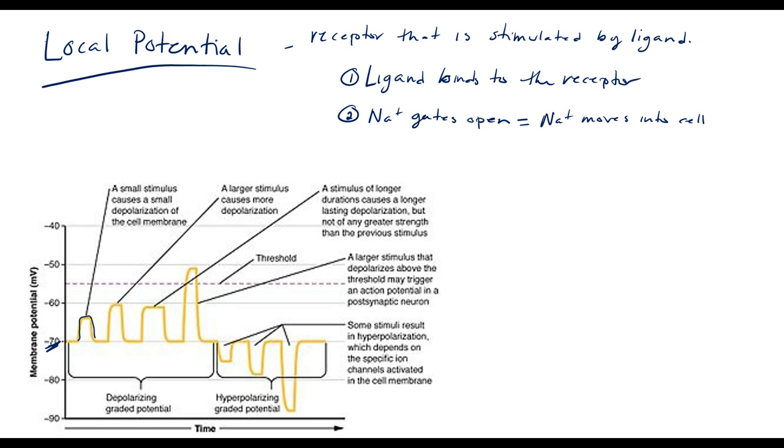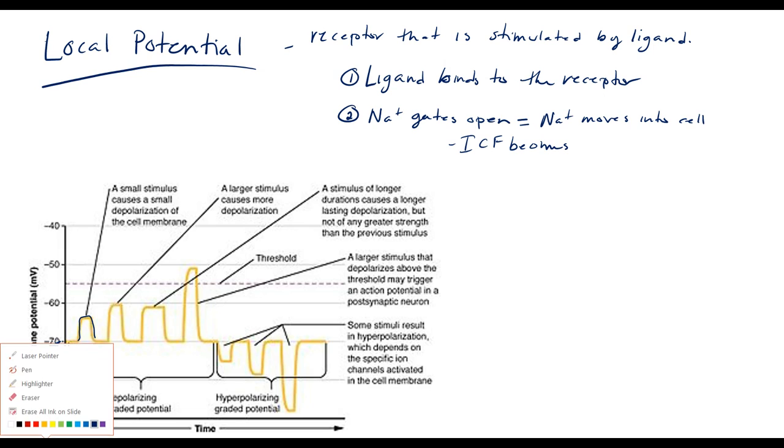Okay, so now as the sodium moves into the cell, your ICF, your intracellular fluid, becomes more positive because those positive sodium ions are moving into the cell. Let me check if I spelled that right, so let me fix that real quick.